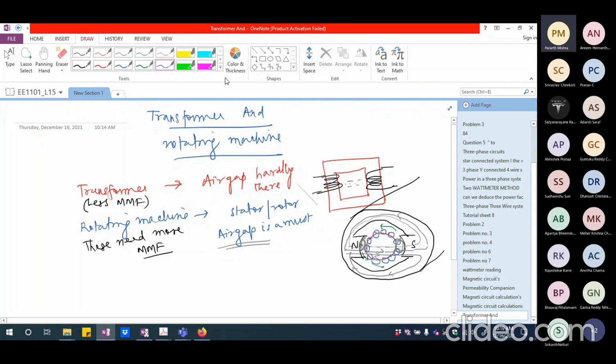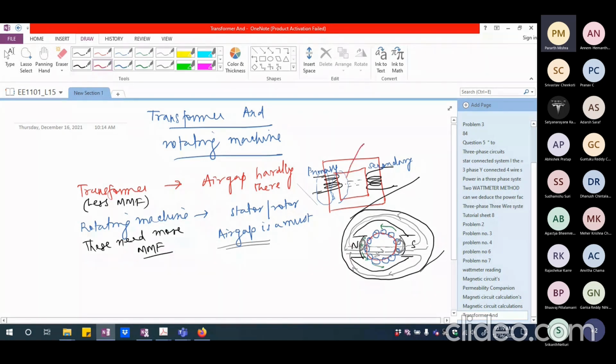If a flux is produced here and it simply comes around like this, and similarly a flux produced here simply comes around like this, it's not even linking with the secondary. This is the secondary and this is the primary. Whatever flux is produced in the primary has to link with the secondary. Only then is it going to produce some useful effect.